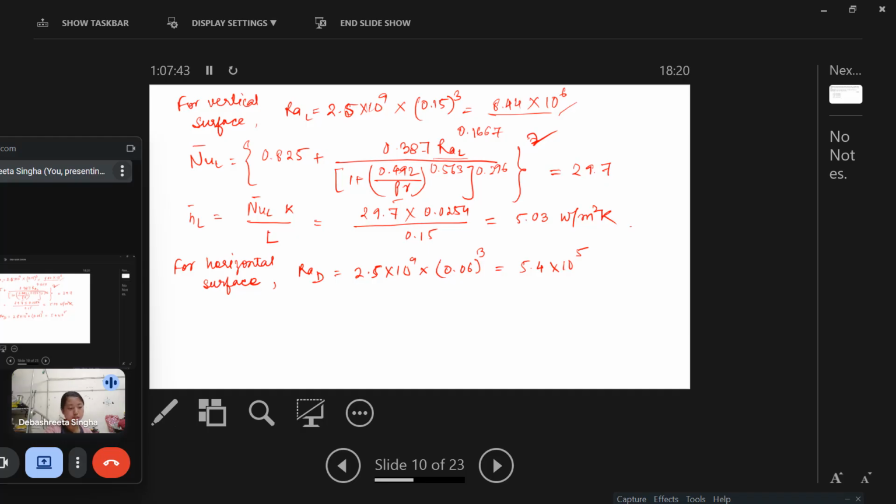Same thing, we calculate the Nusselt number again. So the Nusselt number is equal to 0.6 plus 0.387 RaD to the power 1/6, divided by 1 plus (0.559 divided by 0.71) to the power 9/16, to the power 8/27, whole square.